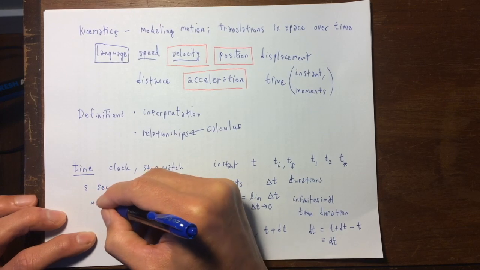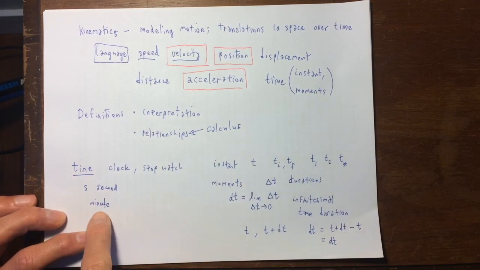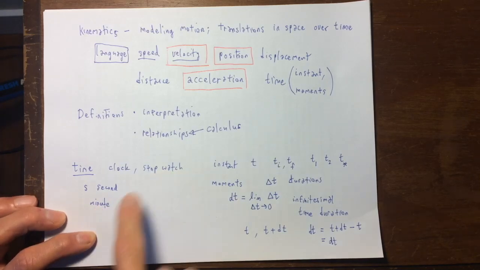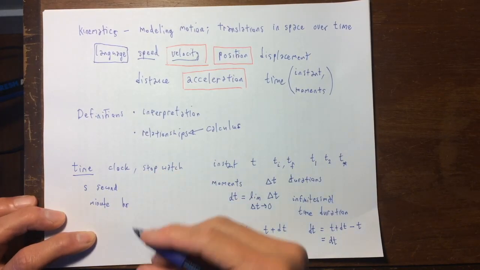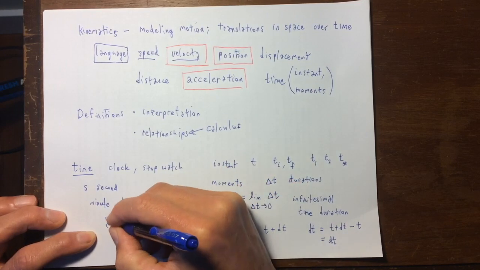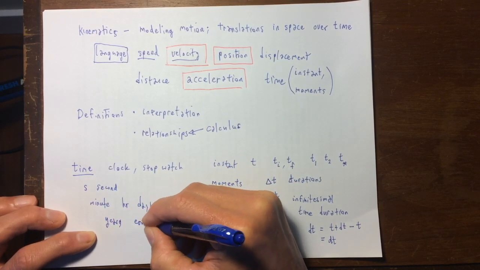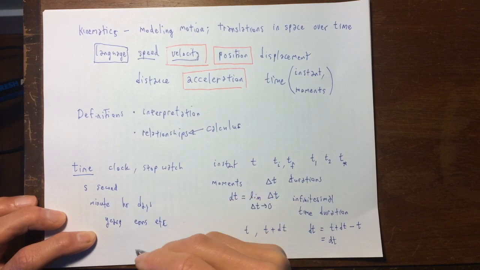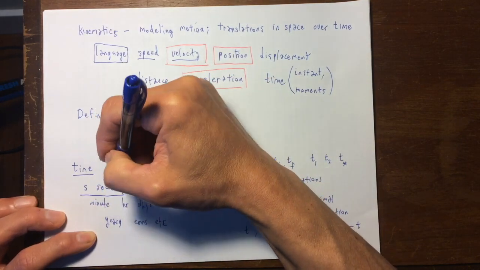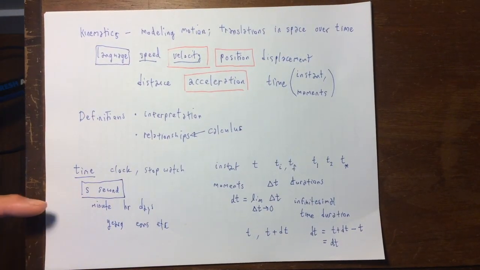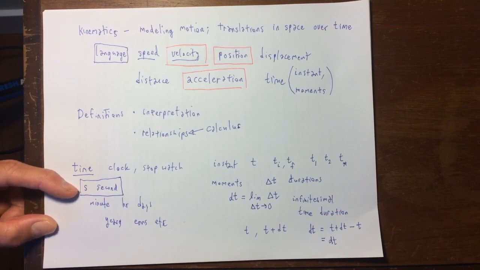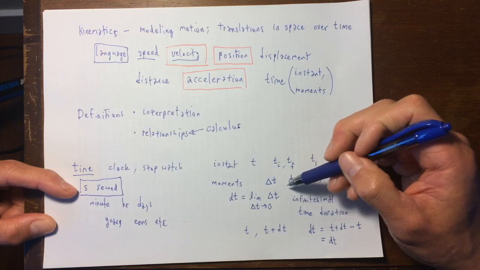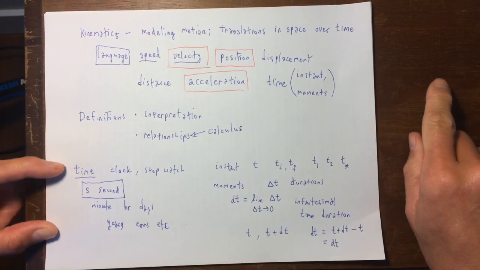But you could talk about even instants in time as a certain number of minutes after some starting of a stopwatch, or a certain number of hours after the start of a stopwatch, or days, or years, or eons, etc. There's lots of choices of units, but I'm going to, at least in these videos, stick with the SI unit of time duration, the second. So the second is a particular large time duration.